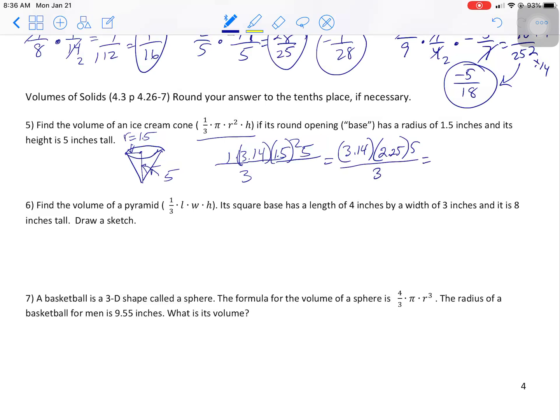And this comes out, just keep multiplying the top. You get 11.775, and then back up here, this is why people forget to round. When I get more than one decimal or it doesn't come out to a whole number, I go back and find some rounding instructions. You need to do that in this class and the next class you take.